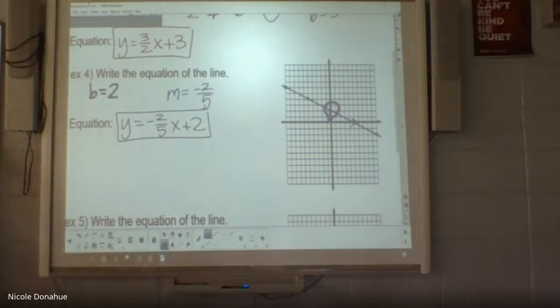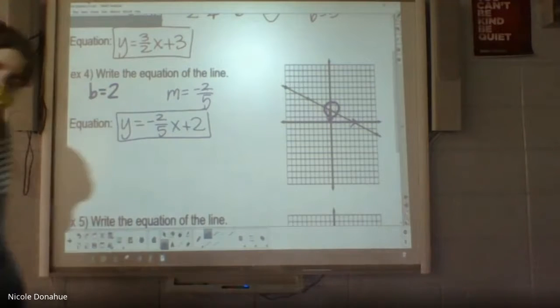The next one, however, is a little bit trickier. I'm going to tell you right away that it's going to be a decimal, so it might bother you, but it's not always so basic that we can just look at it and figure it out. I could probably estimate about what the b would be, but my graph might be drawn a little poorly, or I can't be as accurate as I'd like.